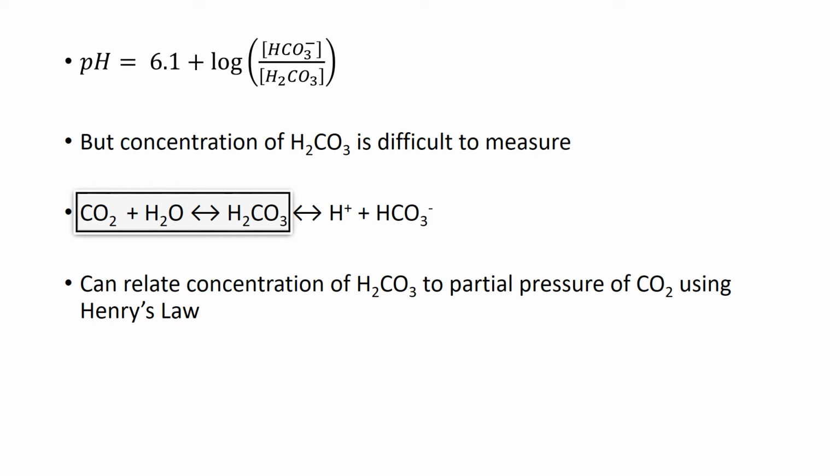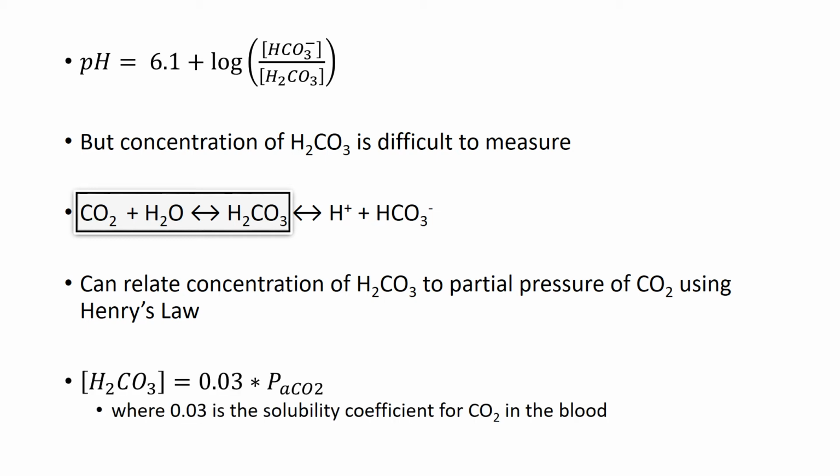Now that on its own is an entirely separate lecture. It's quite detailed. But take my word for it that you can relate the concentration of carbonic acid to that of the partial pressure of CO2 using the solubility coefficient for CO2 in the blood. So instead of measuring the concentration of carbonic acid, we say it's equal to 0.03 times the partial pressure of CO2.